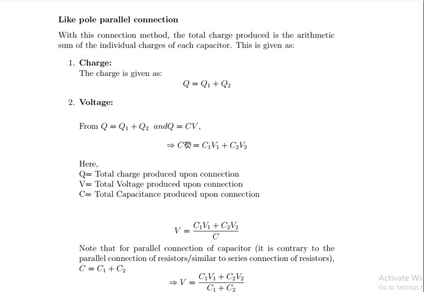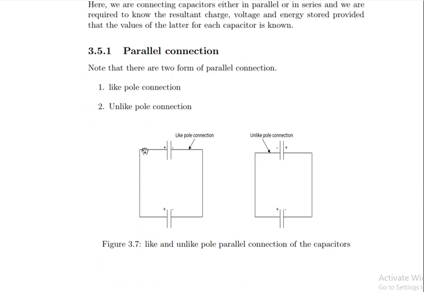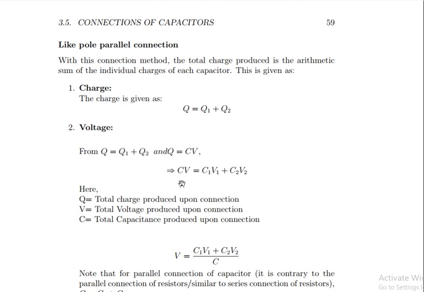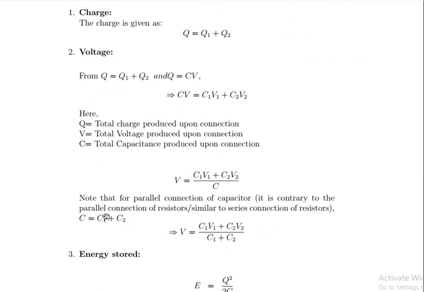Now this total C is the total capacitance produced due to the parallel connection of these capacitors. The parallel connection of capacitors is similar to a series connection of resistors.